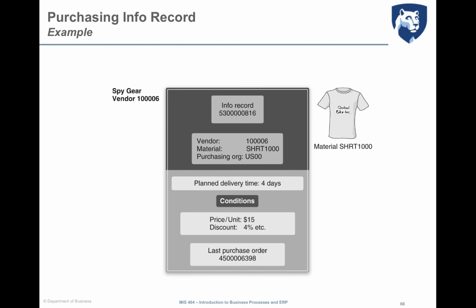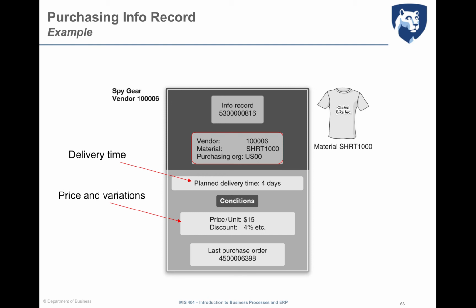We have the vendor, whose number is 100006, and the material under investigation is SIHRT1000 for purchasing organization JBI US, and this purchasing info record indicates that Spy Gear, which is the name of the vendor, takes 4 days to deliver the t-shirts, and they will charge $15 per shirt.